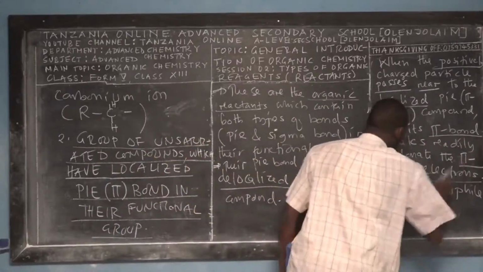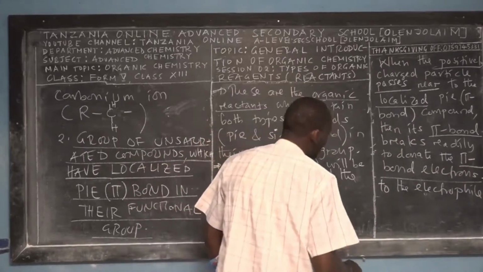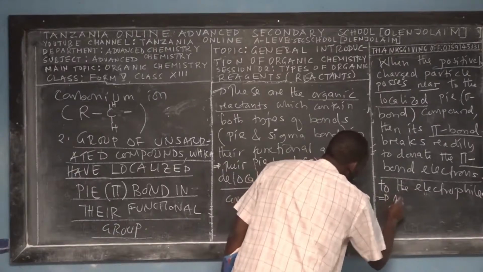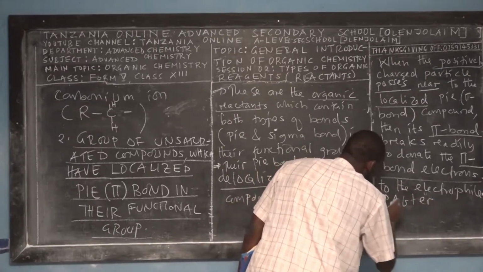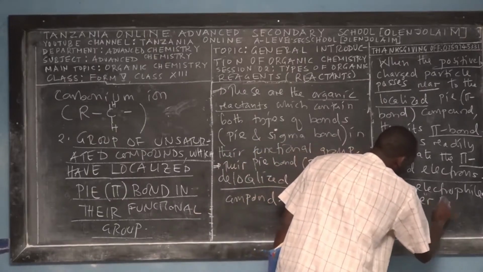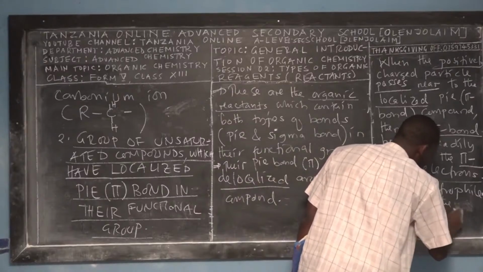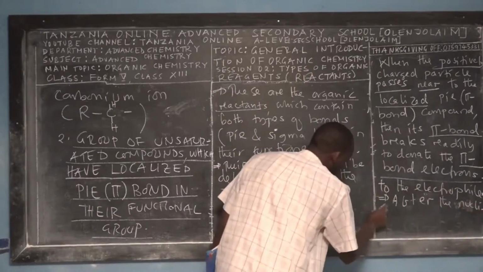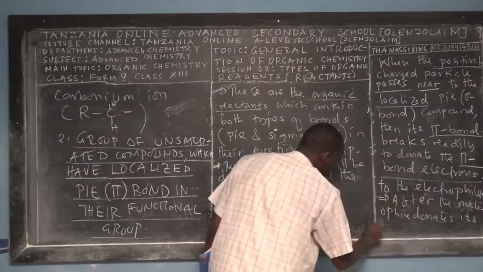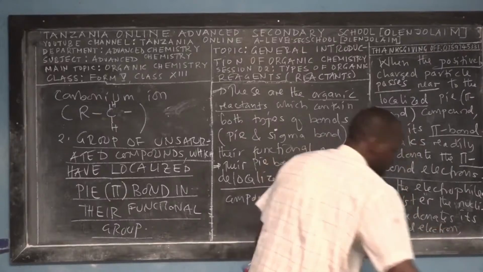So, to explain before I give you examples, and then after donating that, we say that after the nucleophile donates its pi bond electrons, to what?